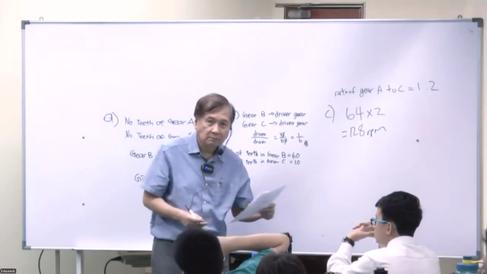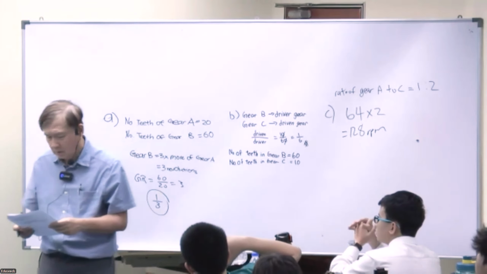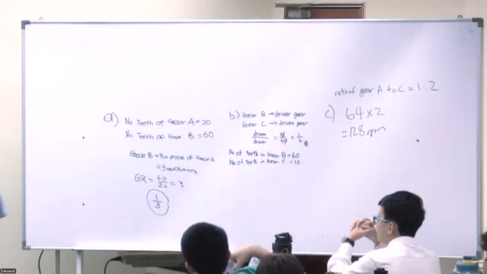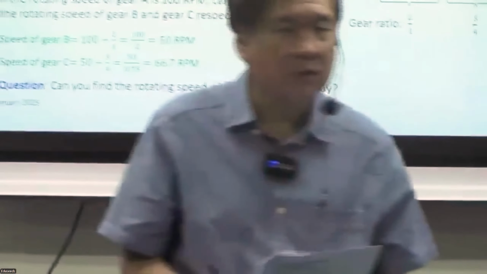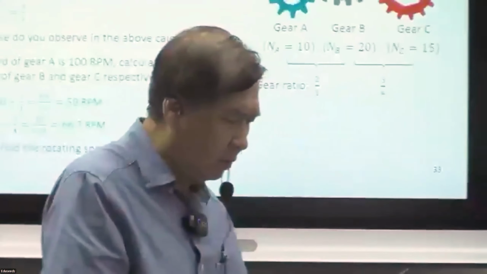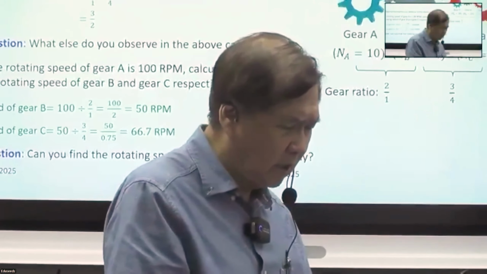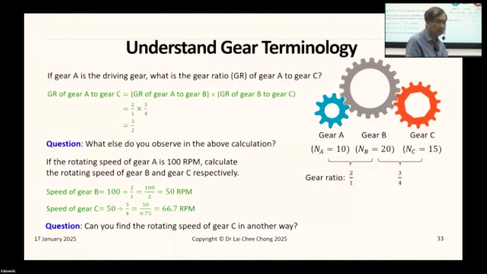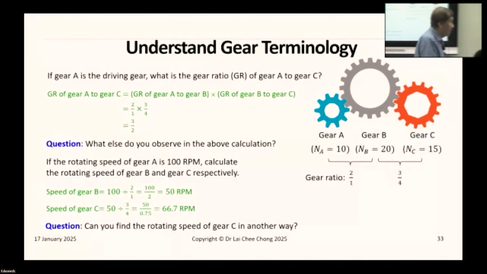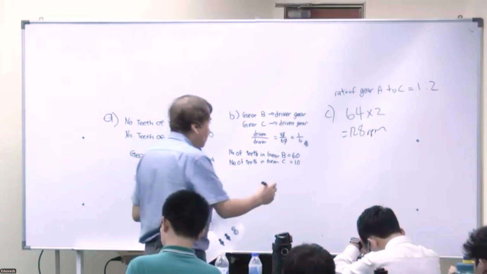Is this correct? Wrong. Okay. Never mind. Why is it wrong? Let's see now. How do we do it? We want to find the rotating speed of gear C. And we are given gear A. Now let's see.